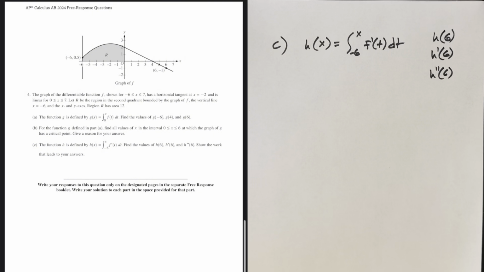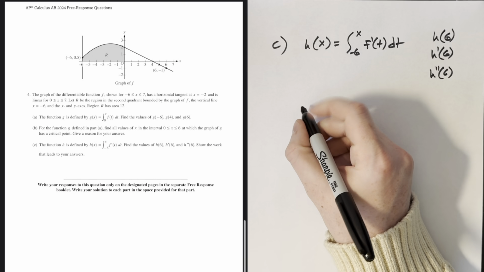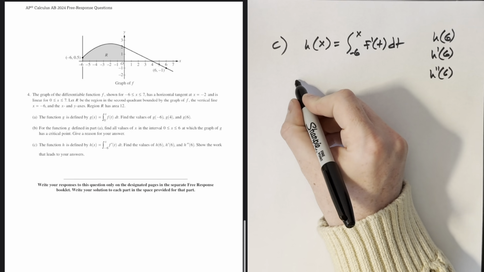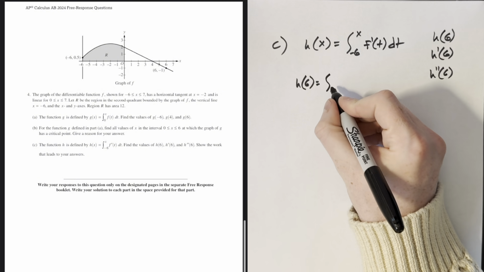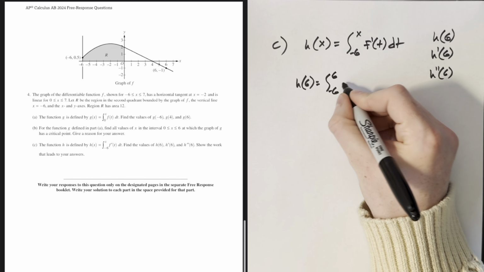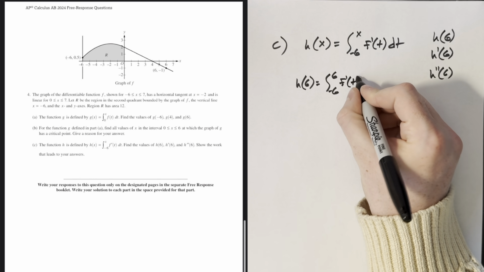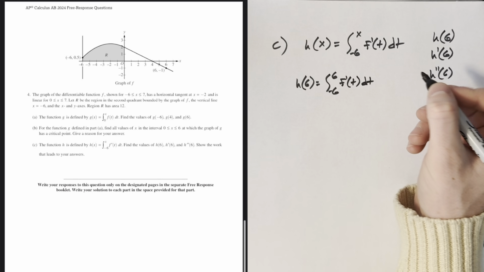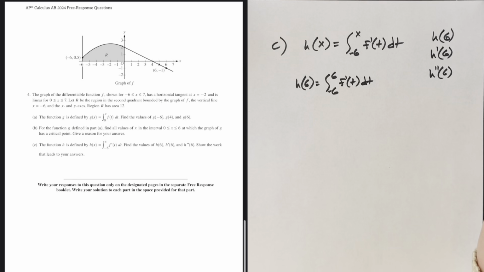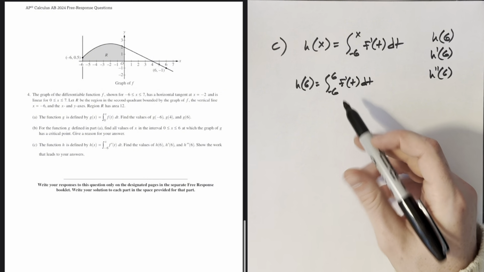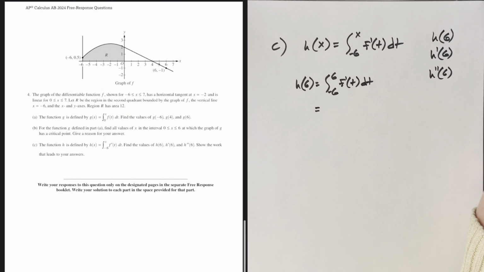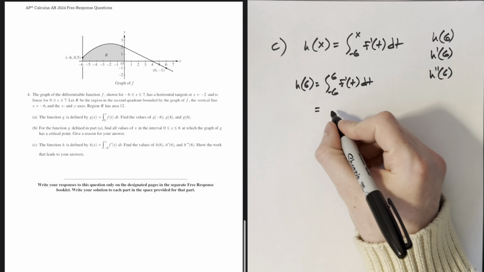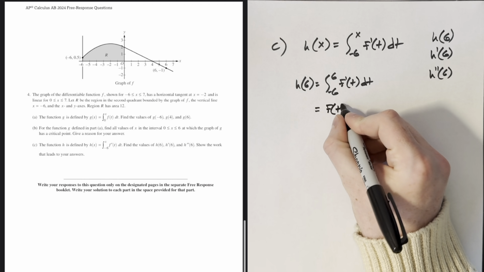So let's work on this problem. I'm going to start with h of 6. H of 6 is equal to the integral from -6 to 6 of f prime of t dt. So if I want to evaluate this integral, I need to take the antiderivative of f prime of t, which is just f of t, right?